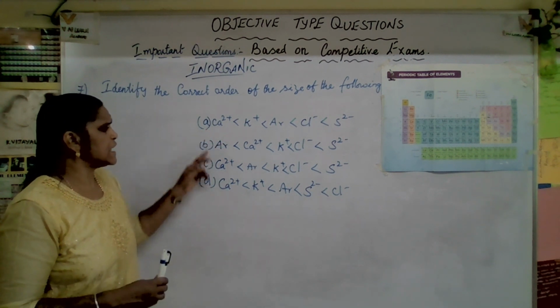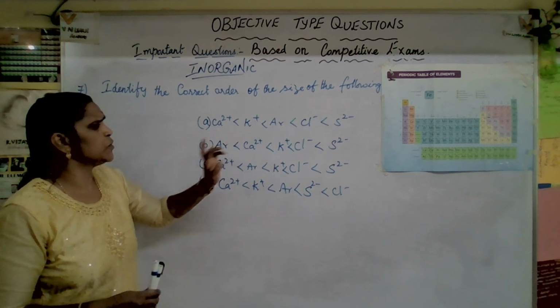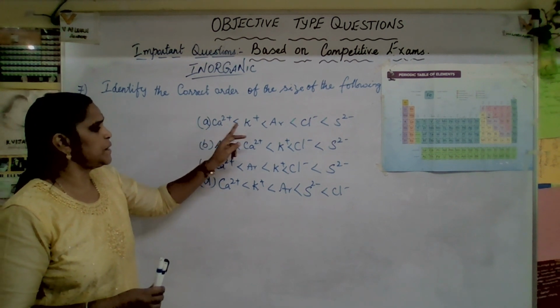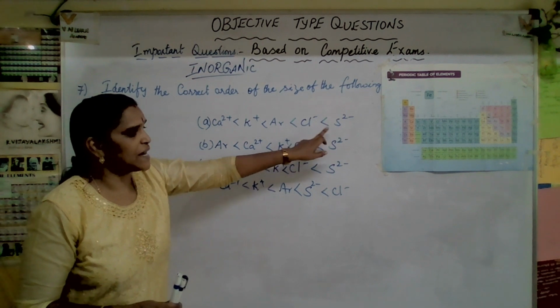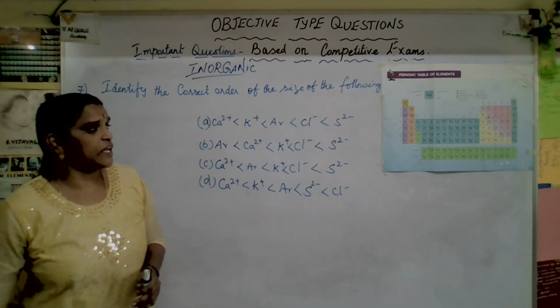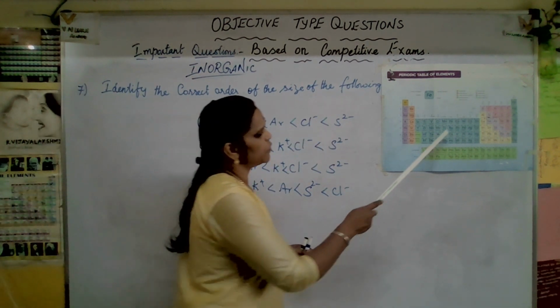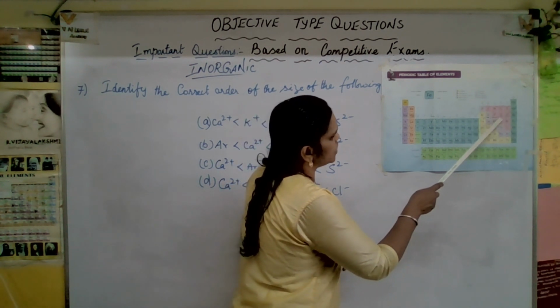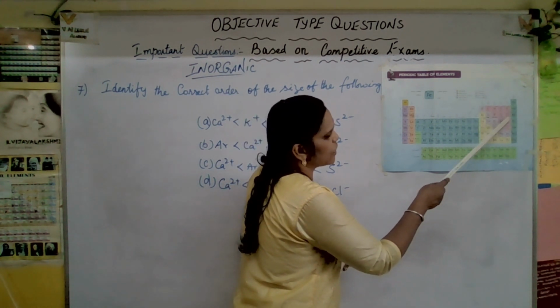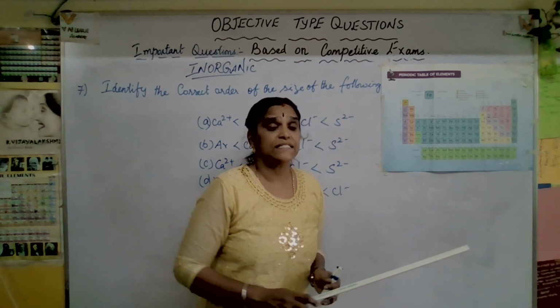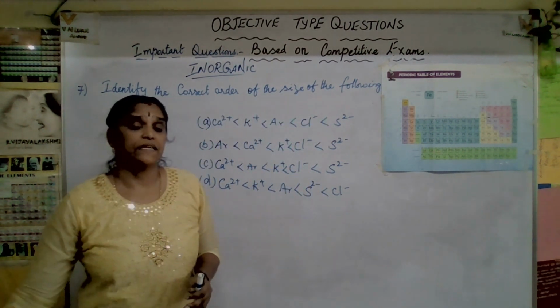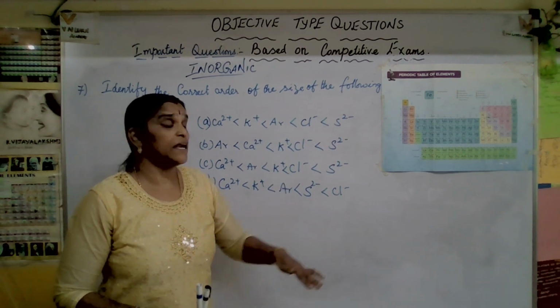So here we have Ca2+, K+, Ar, Cl-, S2-. In this period-wise order, sulfur, chlorine, argon, potassium and calcium. As the atomic number increases, the radius will decrease.